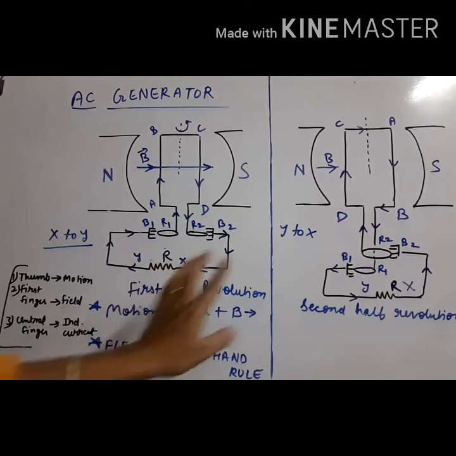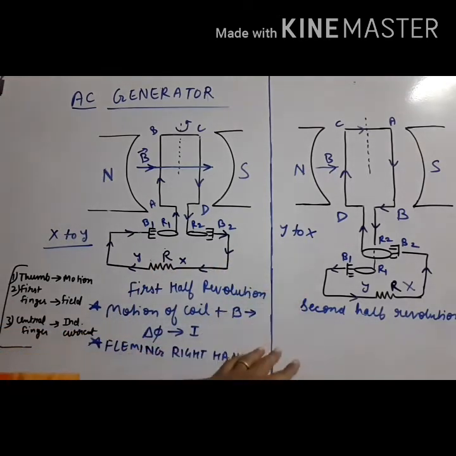That means the current which is produced is alternating current or AC. So this way we have understood with the help of Fleming's right hand rule that the induced current which is produced is alternating current.